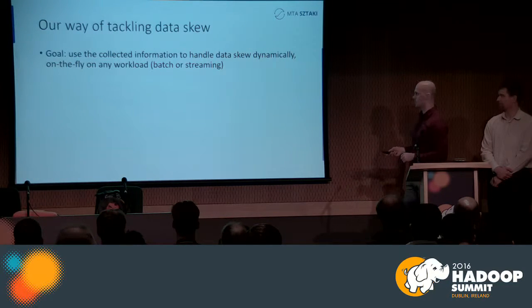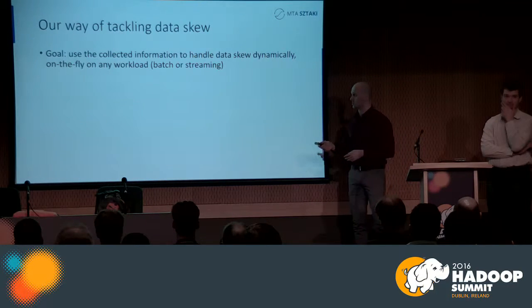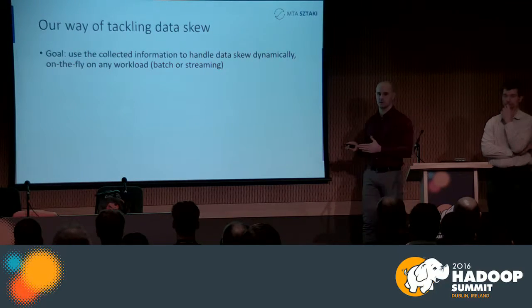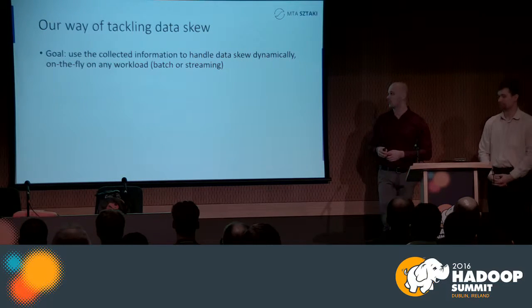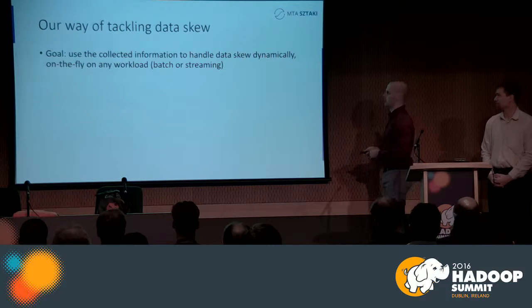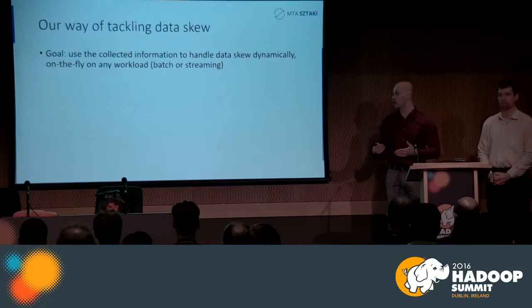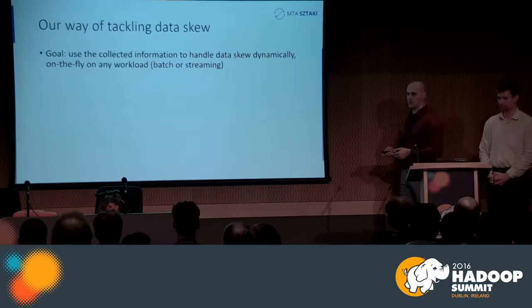Basically, it is going to deal with it. And we wanted to use this solution both in our batch and streaming use cases. Currently, we are working on the streaming part, but we want to enable this feature to work on any of Spark's API.